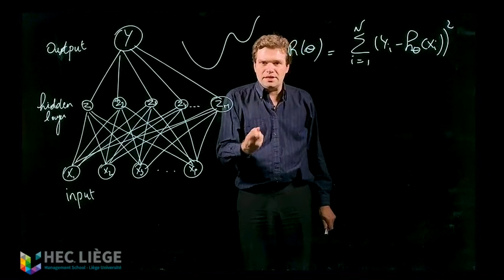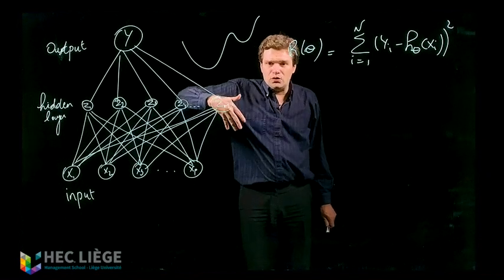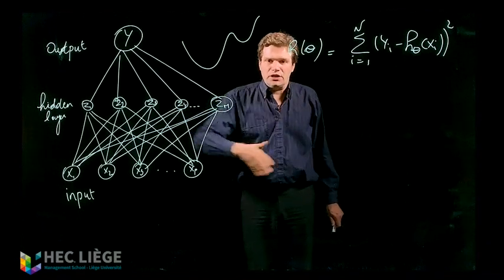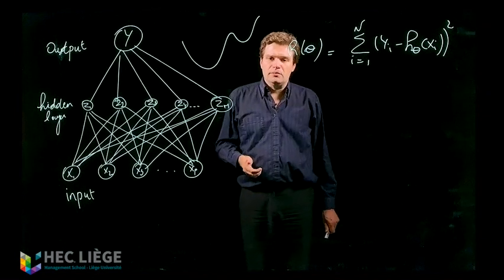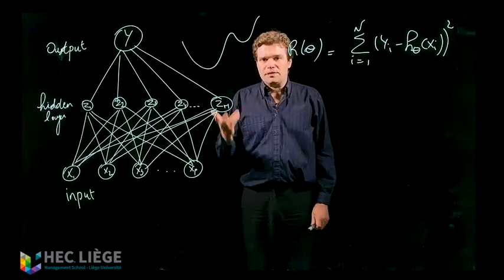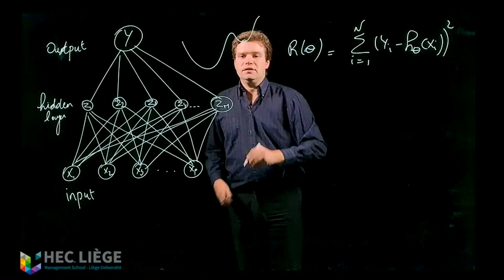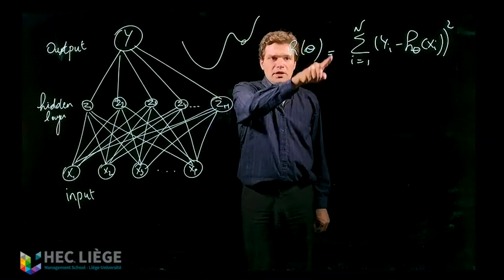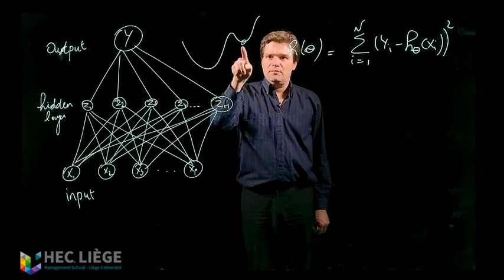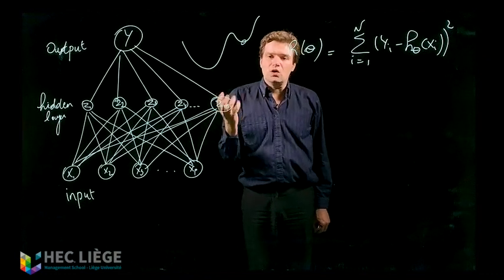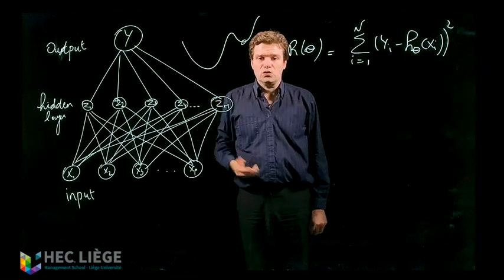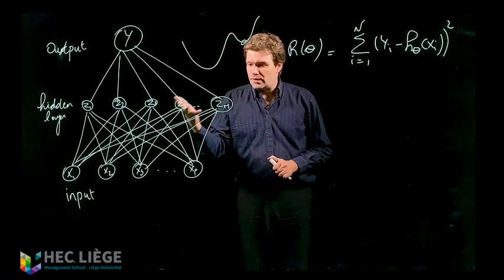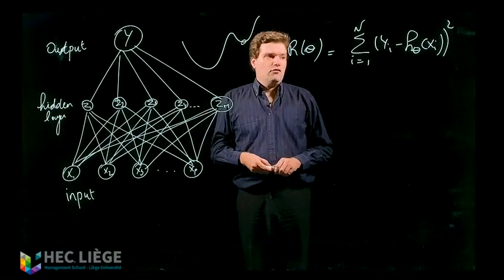The learning rate can be seen as the speed we use to go in the best direction in order to reach the minimum. But these techniques have some problems. In particular, it's possible that at the end it finds a local minimum. It should find the global minimum of this function R of theta, but sometimes it finds a local minimum, and in this case it's not the good solution. Therefore, that's a flaw of this kind of methods, and that leads to a problem for neural networks.